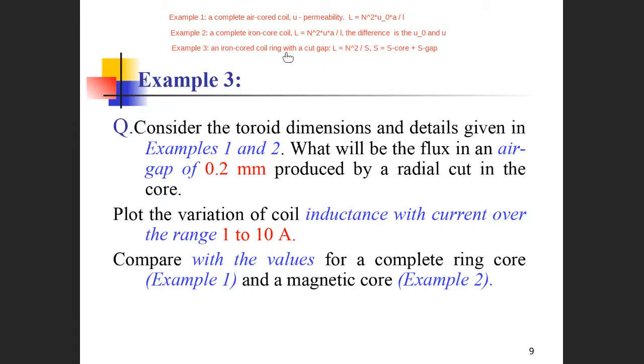Looking at example 1, it is a complete air-cored coil. Suppose we're using mu for permeability. Then the inductance can be simply calculated as N squared over the reluctance.